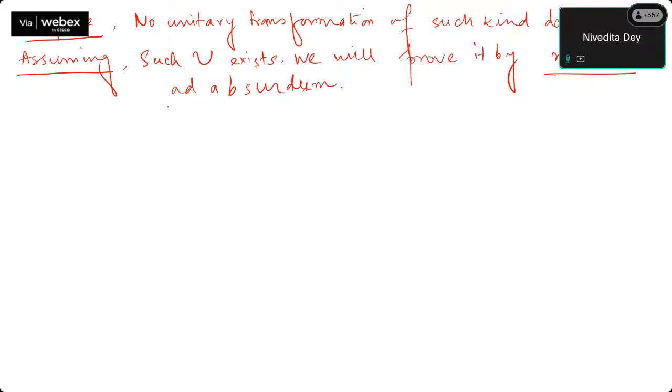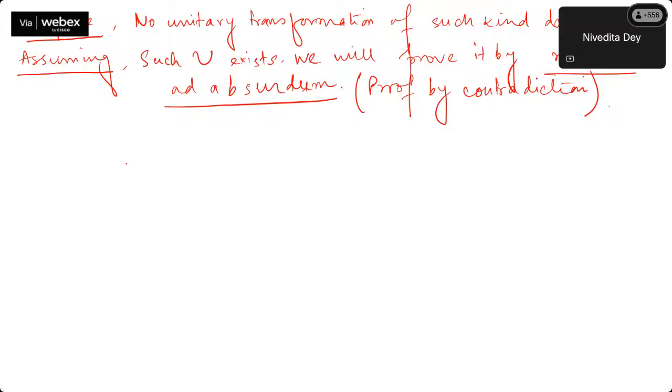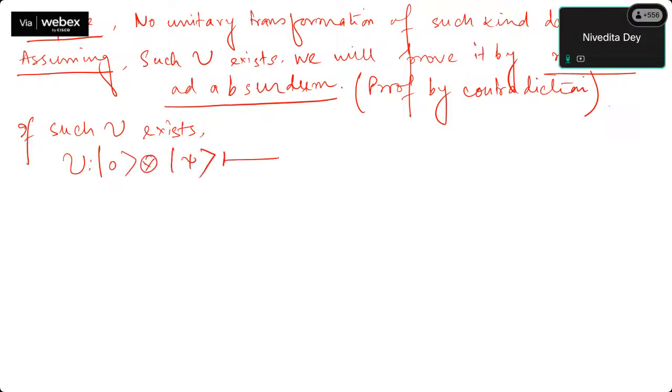This is a simple proof by contradiction. Now if such a U exists, then U acting on ket 0 and ket psi will make it ket psi, ket psi.